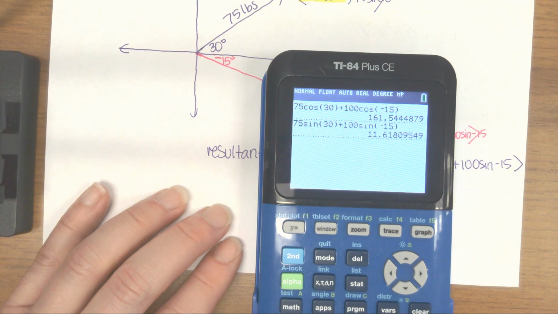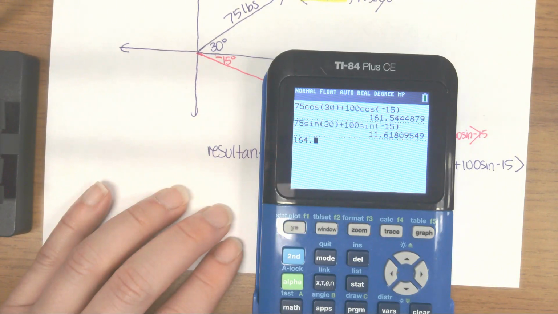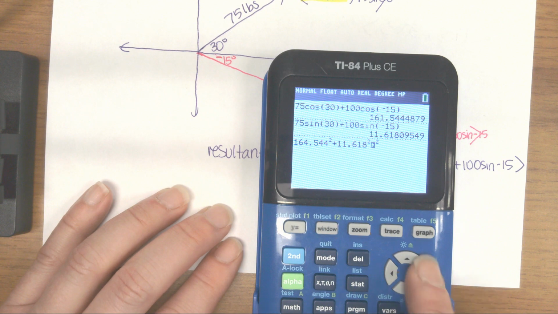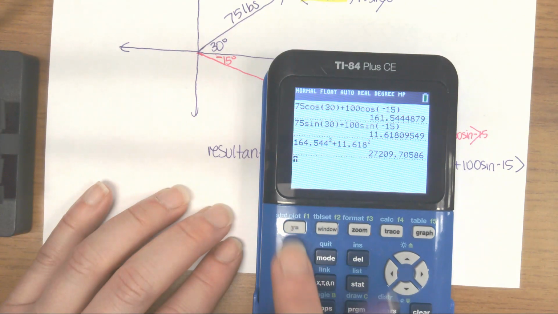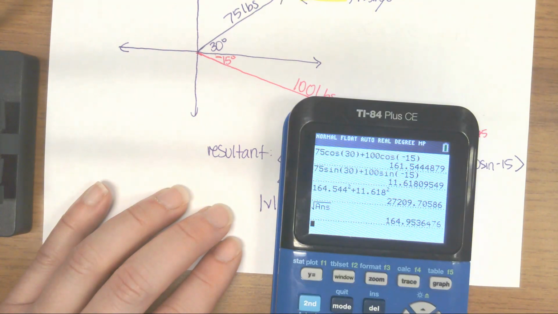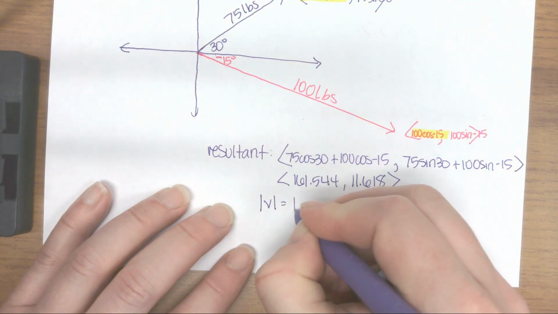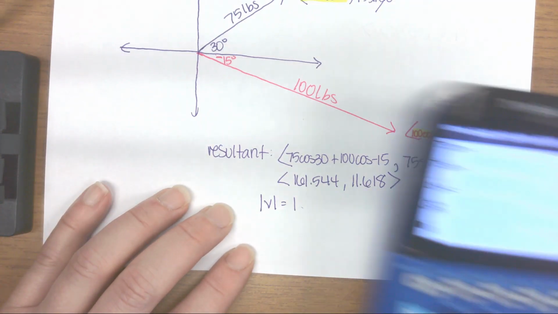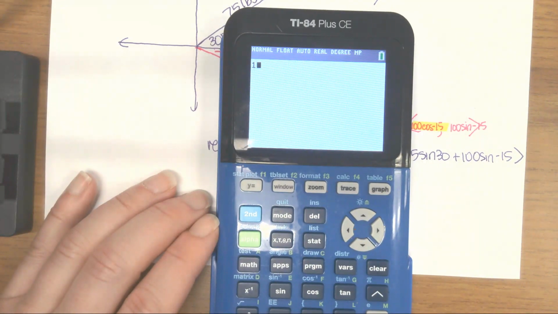So I take 161.544 squared plus 11.618 squared. I take the square root of that answer and I get 164.9536. What? What did I type in wrong?